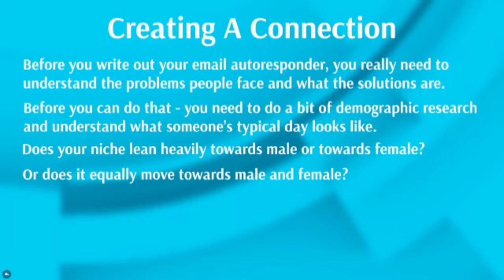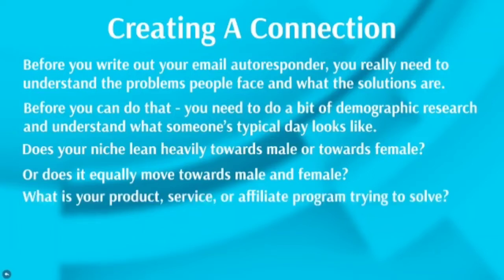But even at 75%, you're kind of moving towards that 50% so that it's both male and female. But if it's heavily towards males or heavily towards females, 80% or above or 90% or above, then you want to jot that down. The next question is, what is your product or service or affiliate program trying to solve?